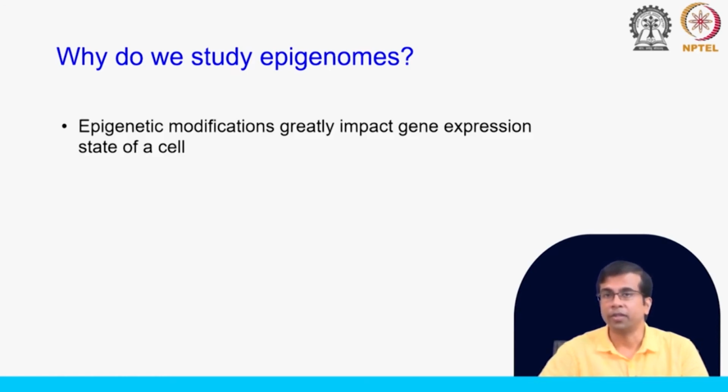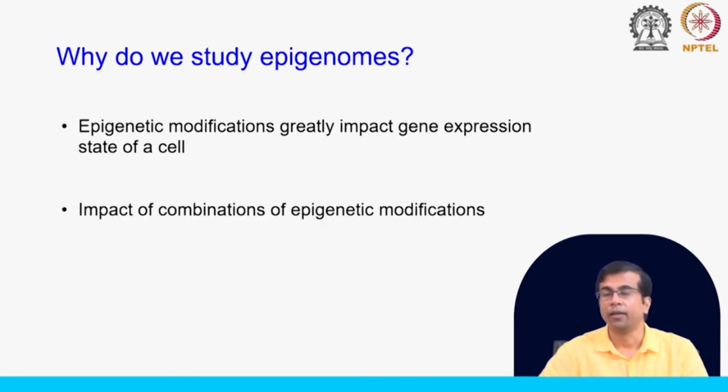As I have just mentioned, epigenetic modifications impact the gene expression state of a cell, and we now know that combinations of these different types of modifications can have different unique effects. We talked about 3 different types of modifications: DNA methylation, histone modification, and chromatin remodeling.